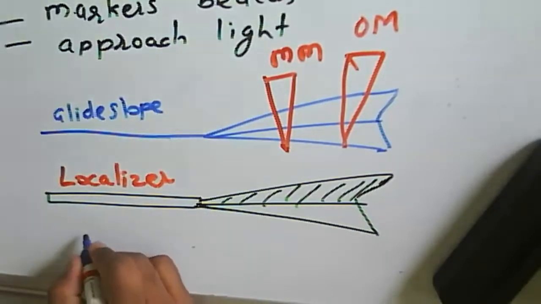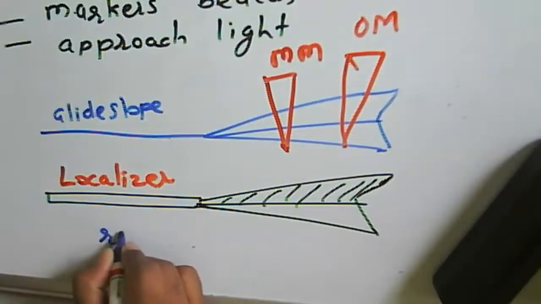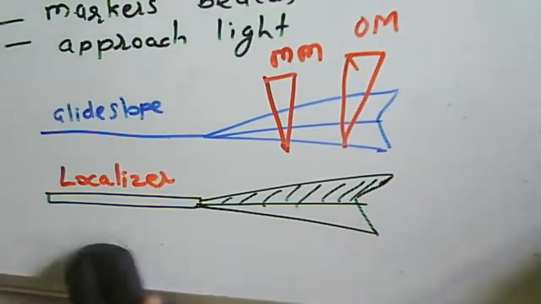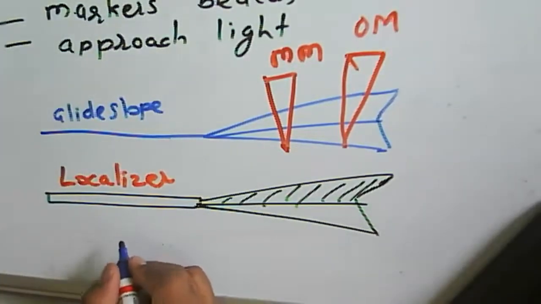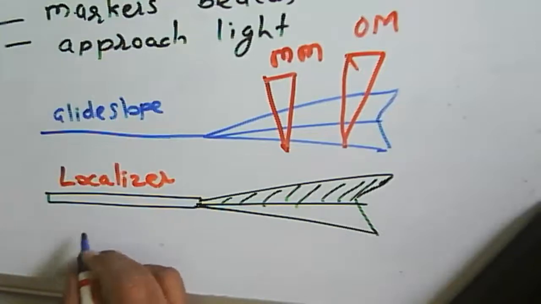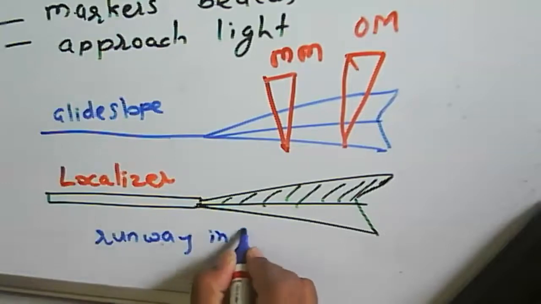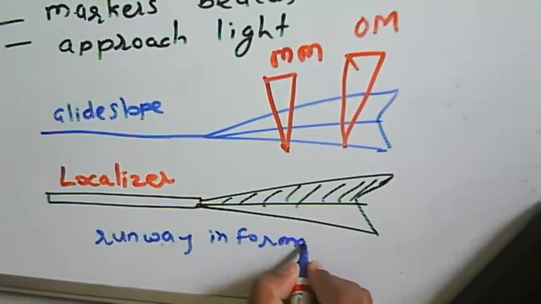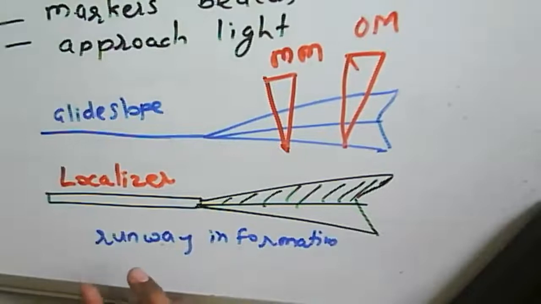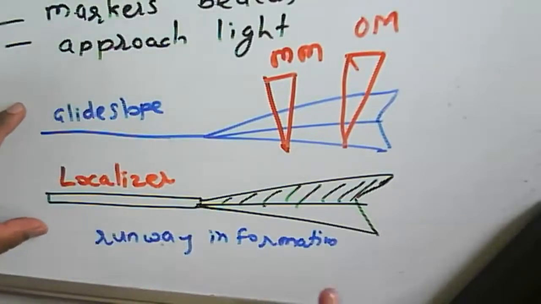The aircraft is getting the information regarding the runway, the center line. So the runway information will be provided by this localizer as well as the glide slope here.